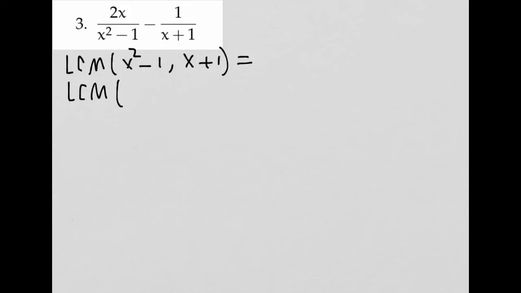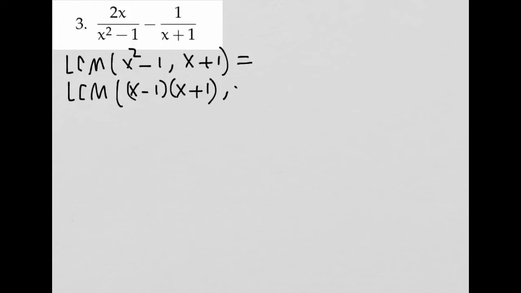So the least common multiple of x squared minus 1 and x plus 1: x squared minus 1 is the difference of two squares of the form a squared minus b squared, so it factors as a minus b, a plus b, which is x minus 1, x plus 1.